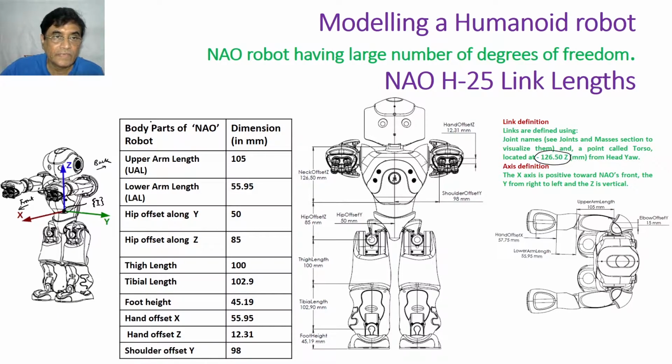So here you see the body parts of the NAO and their dimensions. Upper arm length 105 millimeter, lower arm length 55.95 millimeter, hip offset along Y, along the Y direction 50 millimeter, hip offset along Z. So it has two offsets.